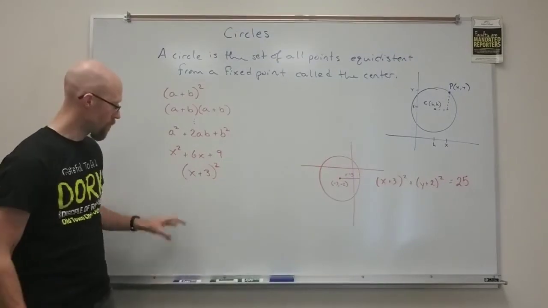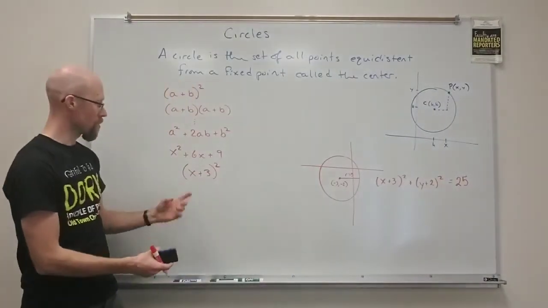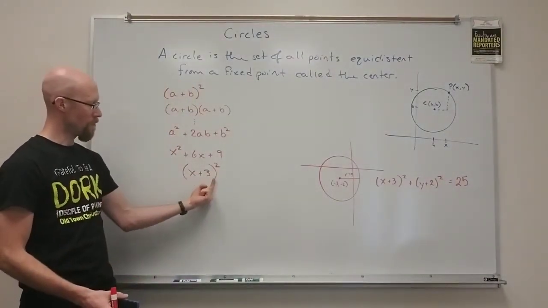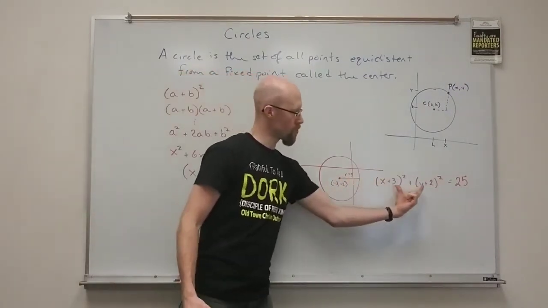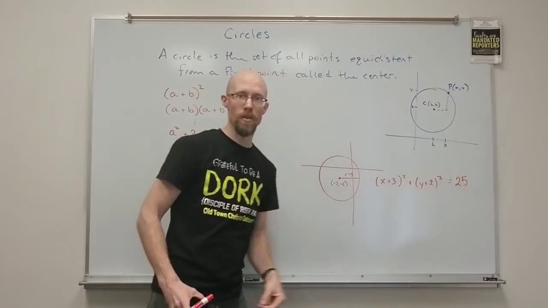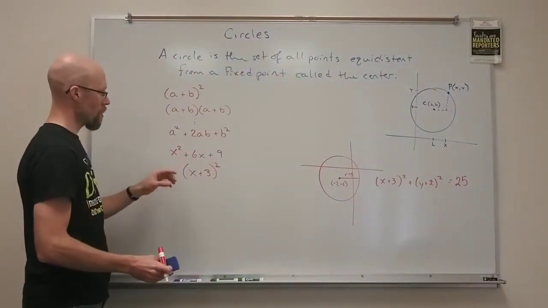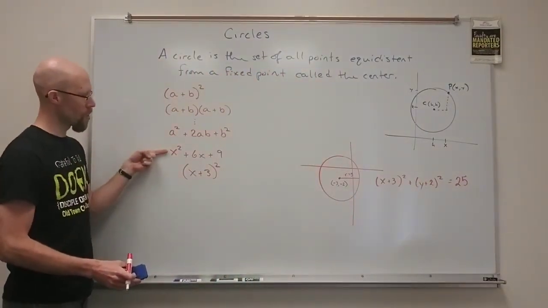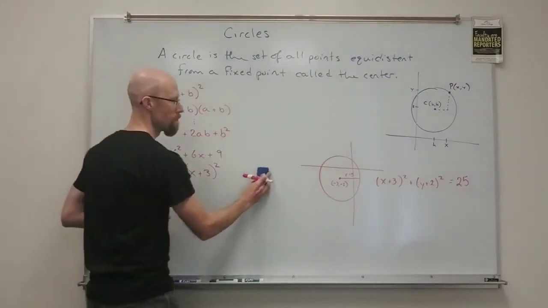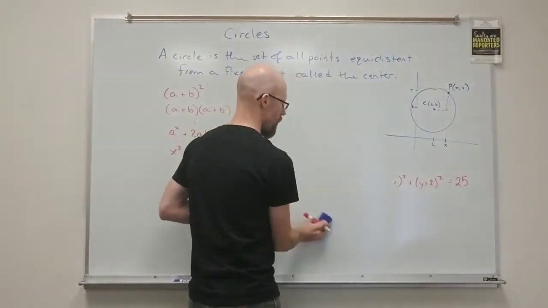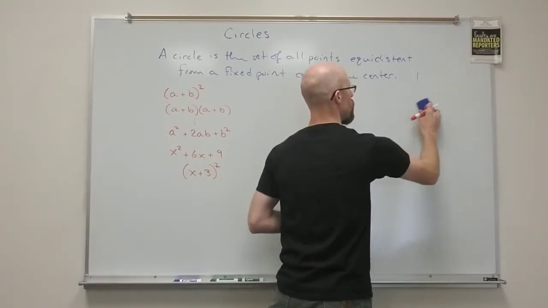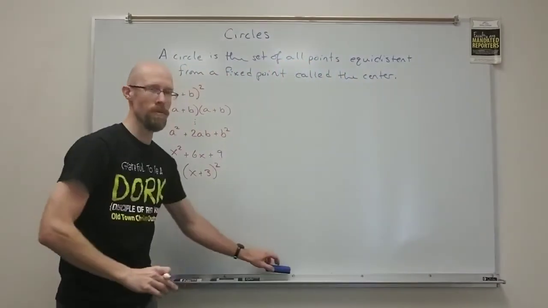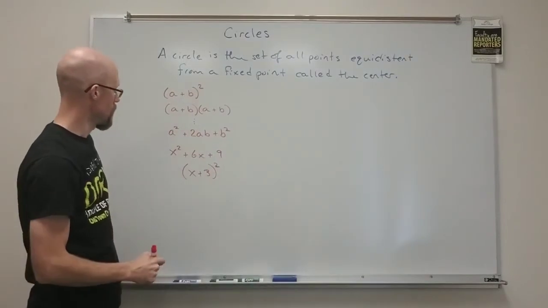This becomes very useful. Obviously, the factored form, the square form, shows up in these equations for the circle. And if the equation is all expanded out in this form, we can get it back using the completing the square technique that you may have learned in an algebra class somewhere along the line.